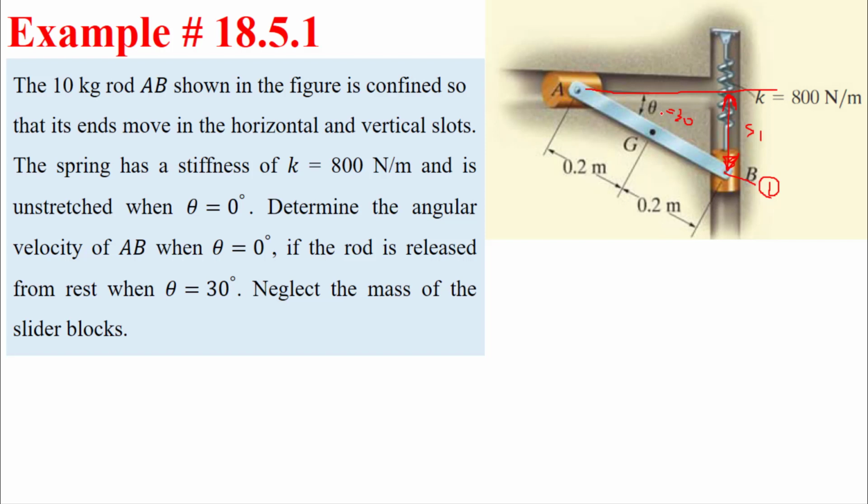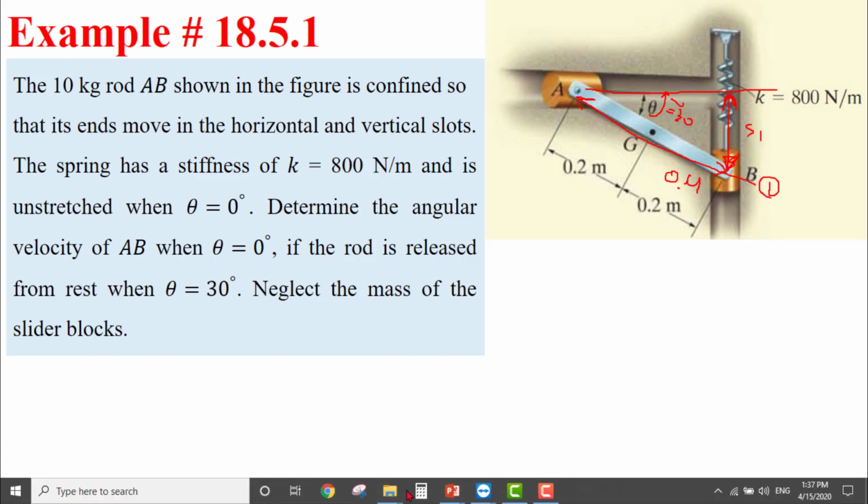How to calculate S1? We have theta 30, which is given, and we have the length of this rod, which is 0.4. So how can we calculate S1? It is sine theta, which is S1 divided by 0.4. So let's go back to the solving board.